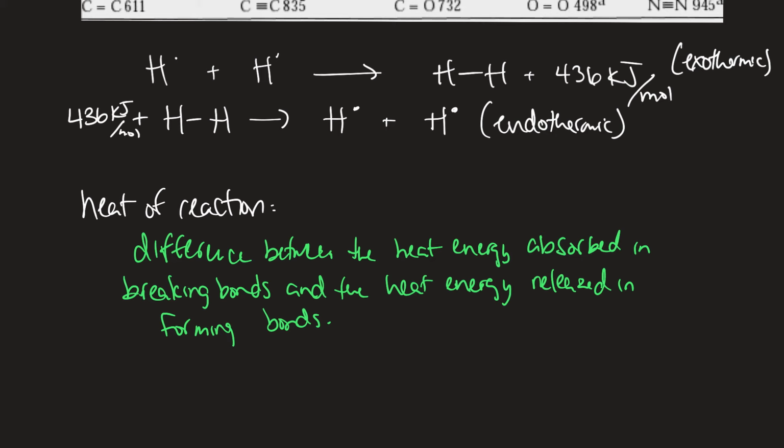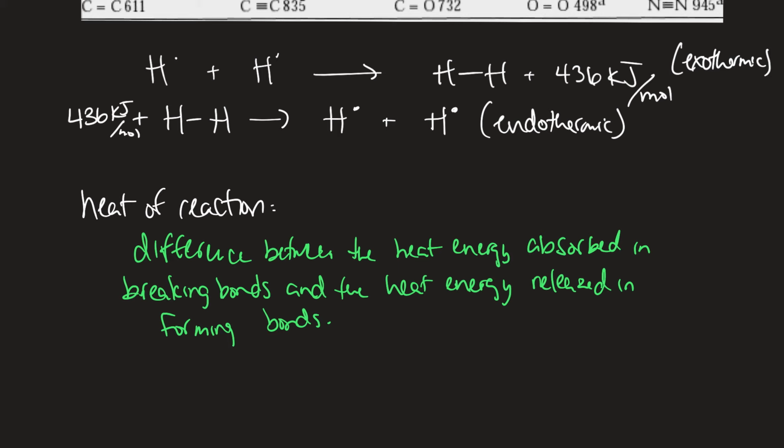So when we're talking about the heat of reaction, we're looking at the difference between how much energy was needed to break all the bonds in the reactants and how much energy was released when forming bonds on the product side. In most cases, there is a difference between the reactant side and the product side, and that's what we measure as the heat of reaction.